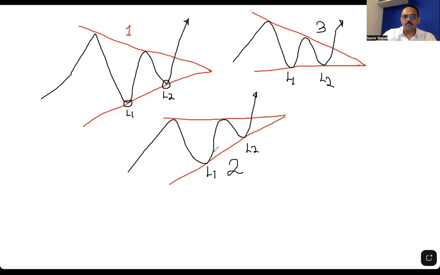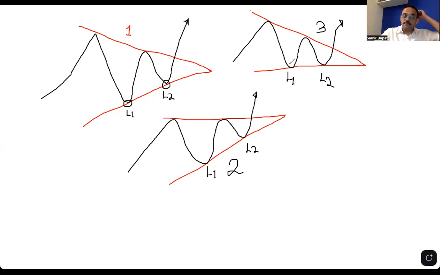Here also L2 is higher than L1. Here L2 is at the same level. So the subsequent low is at a higher level or at the same level. In none of the triangles is the subsequent low at a lower level.